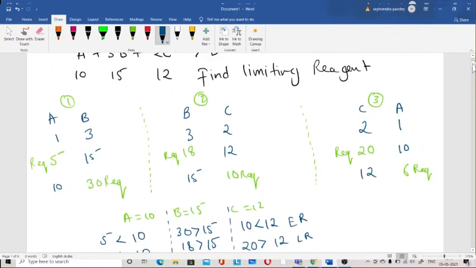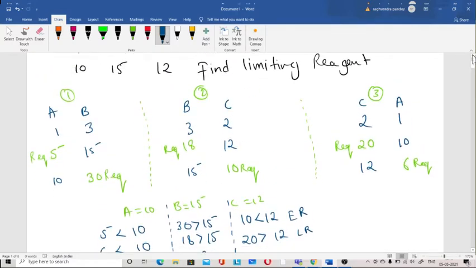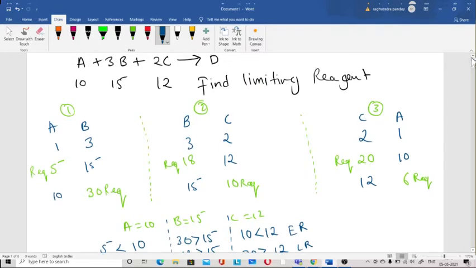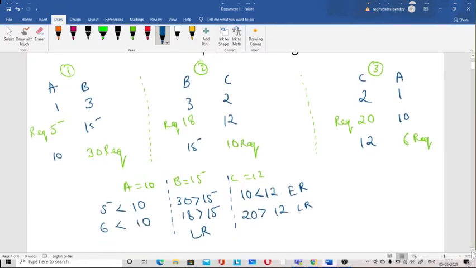Sir, if a particular element or compound is a limiting reagent in both cases, only then we'll consider it as a limiting reagent. Yes, otherwise not. Any other question?